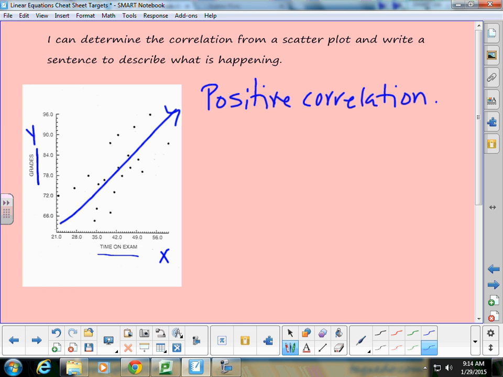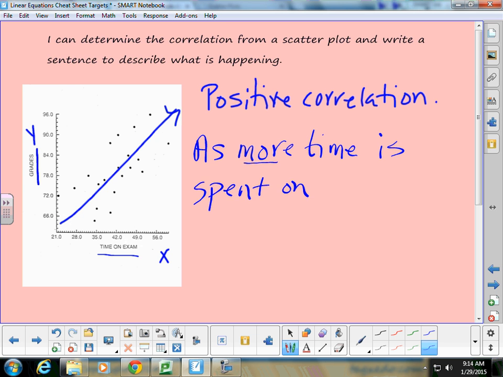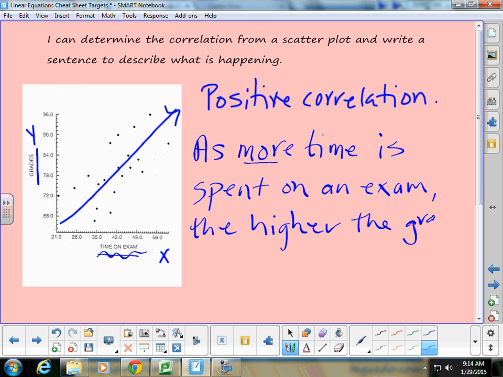So what this means is as more time, more meaning it's increasing, as more time is spent on an exam, I'm very specific, the higher, meaning an increase, the grades will be. Voila. Notice it started with a capital, ended with a period, people.